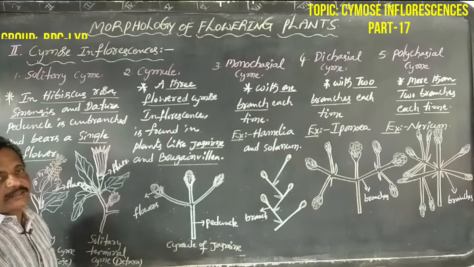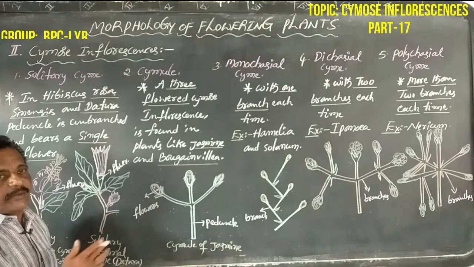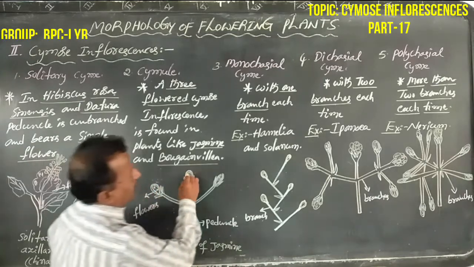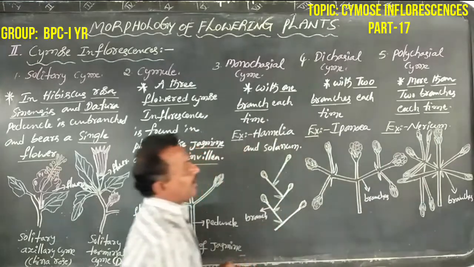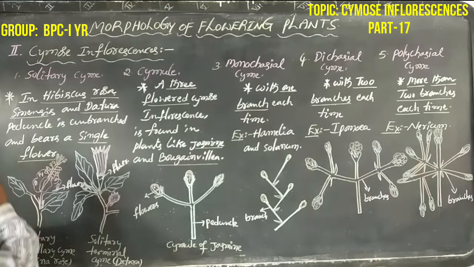That means the younger or smaller flowers are at the base or bottom, and the larger or older ones are arranged at the top of the peduncle. That is cymose type of inflorescence.